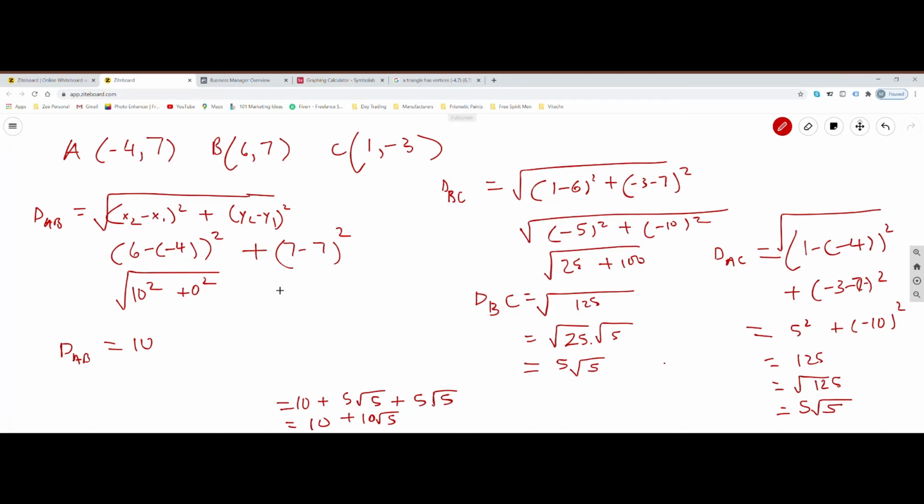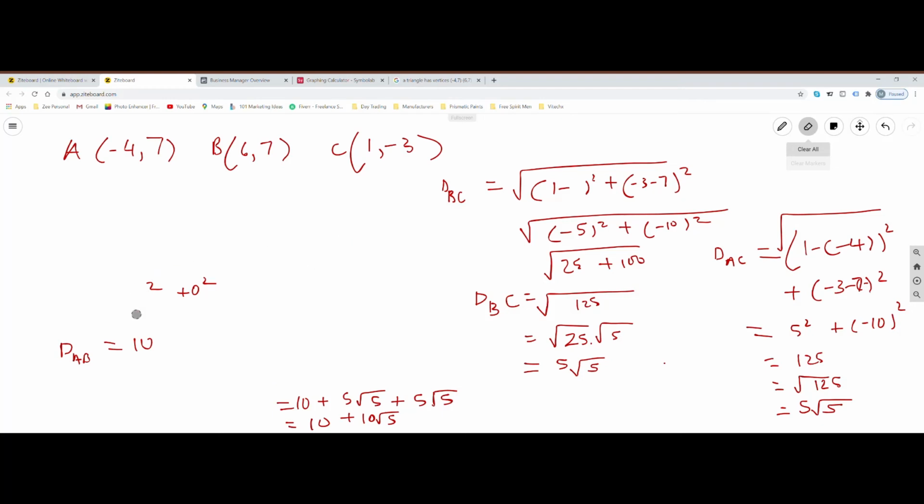So the next one, it says determine the slope between A and C. So the slope between A and C is slope equals y2 minus y1 over x2 minus x1. So let's consider C as the y2 and x2.